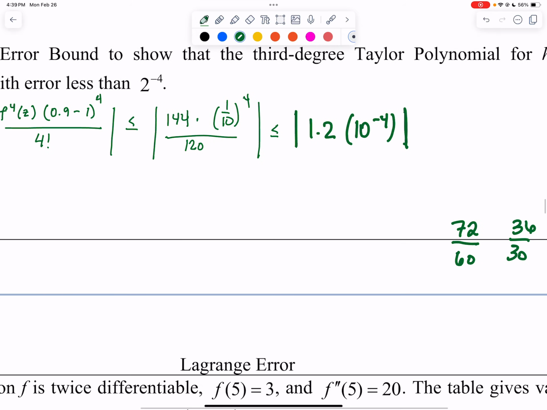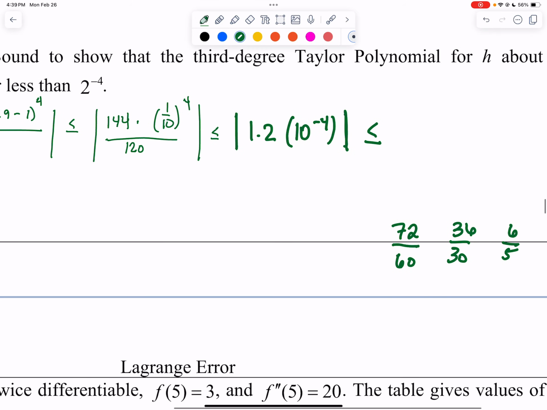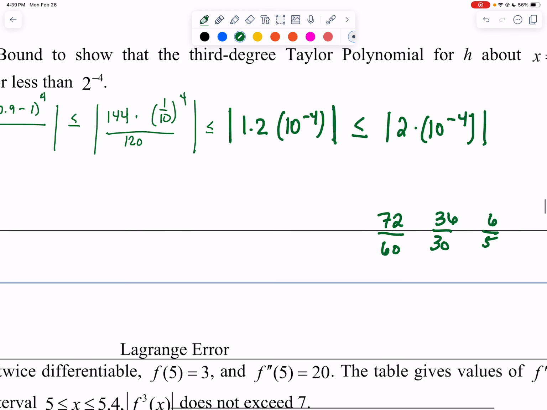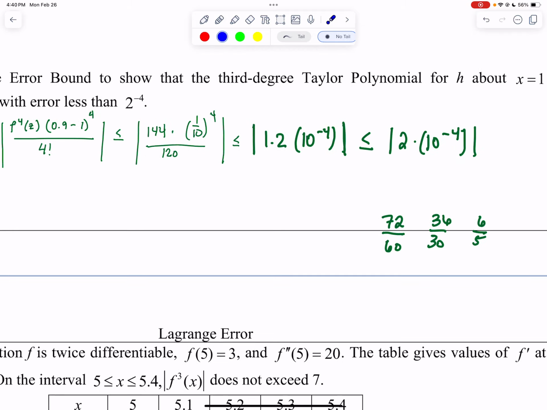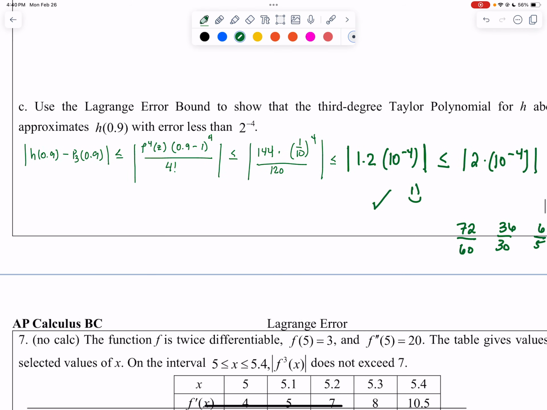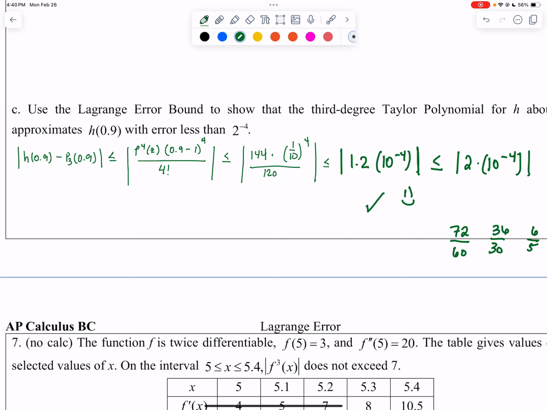And 2 to the negative 4 is going to be 2 times 10 to the negative 4, which we clearly see in terms of our lovely scientific notation, that 1.2 times 10 to the negative 4 is less than or equal to 2 times 10 to the negative 4. So we know that this is definitely, the error is less than 2 times 10 to the negative 4. And that's my work there.